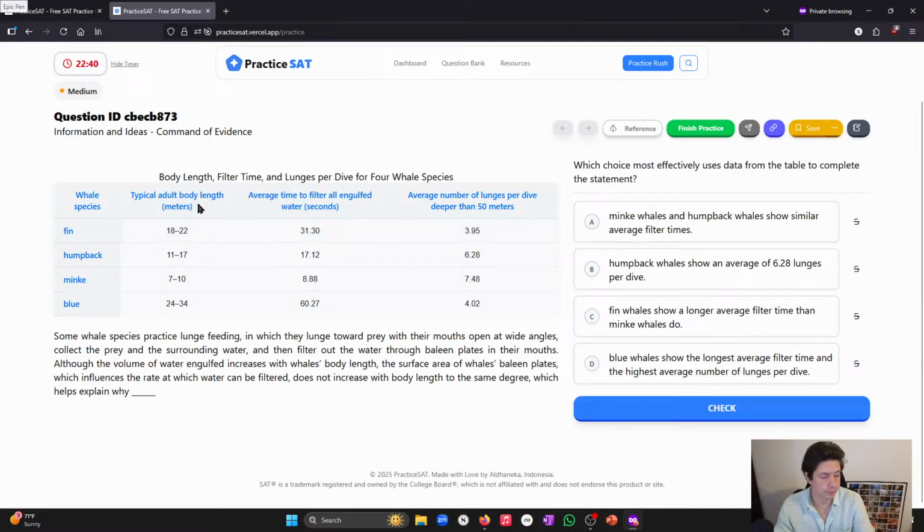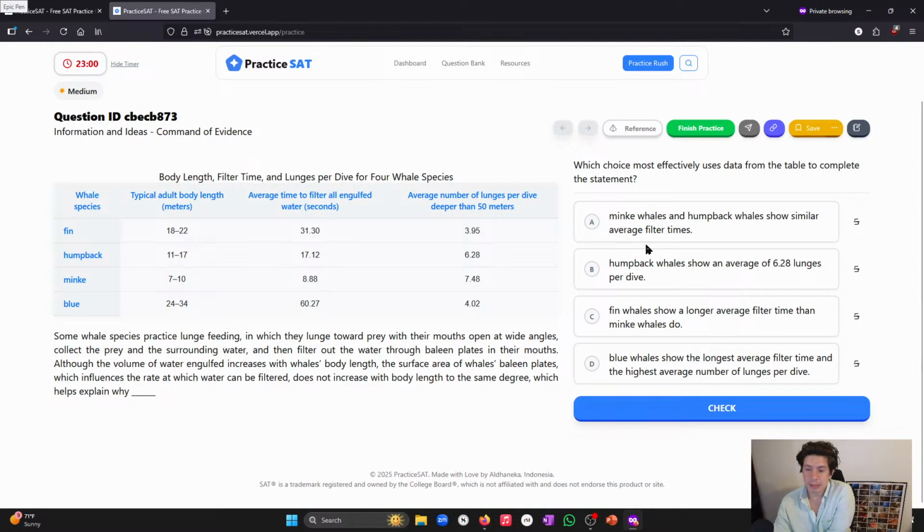So this is the typical body length, average number of lunges per dive, average time to filter out the water. So the longer they are, this goes up. Here, this is the smallest one, so that seems to be the relationship.